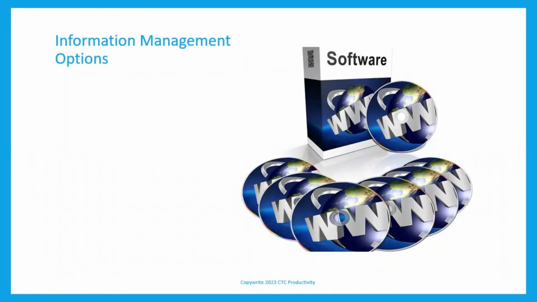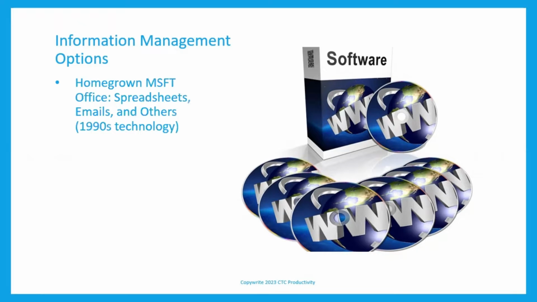When you're tracking these things, like I said, I've done Microsoft products for years. When you're tracking your strategic business management information, you've got multiple options. First of all, what I've seen too many people doing is the cobbled-together, homegrown Microsoft Office type of thing with spreadsheets, emails, and other things.